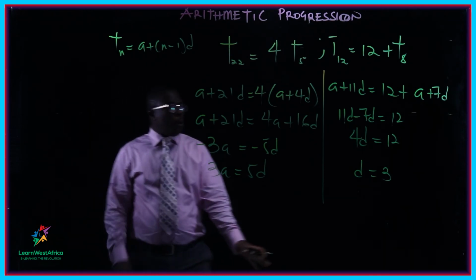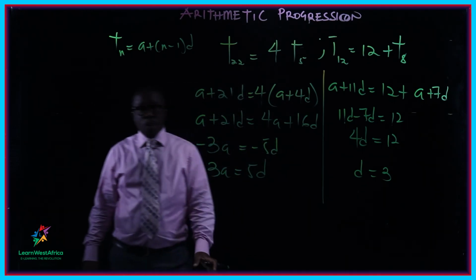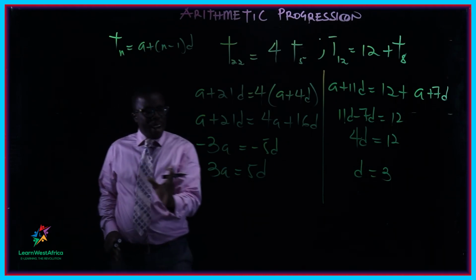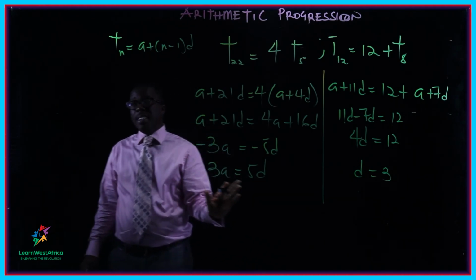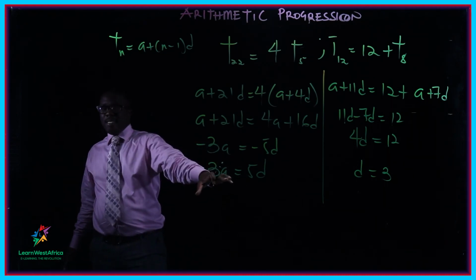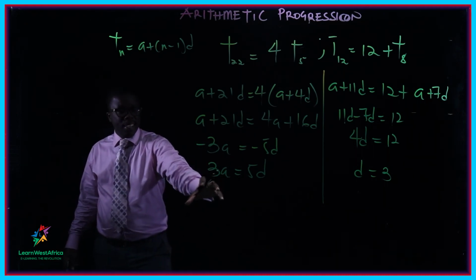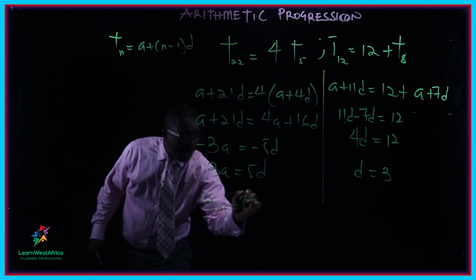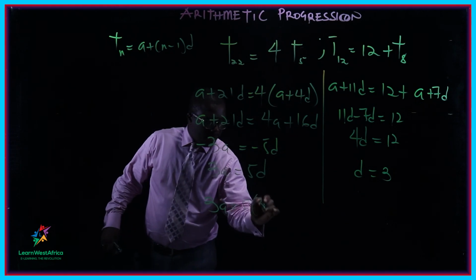So now that we know our common difference d to be 3, how do we find our first term? Already we know that 3a is equal to 5d. The connection between the first term and the common difference is established in the first part here. Hence, we're going to have 3a is equal to 5 times d, and d is 3.